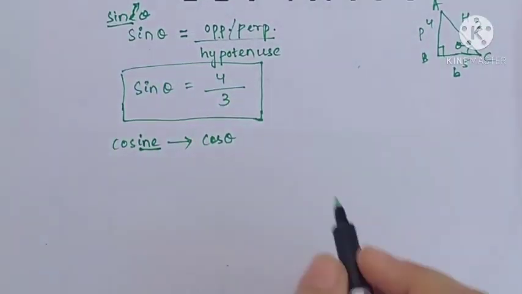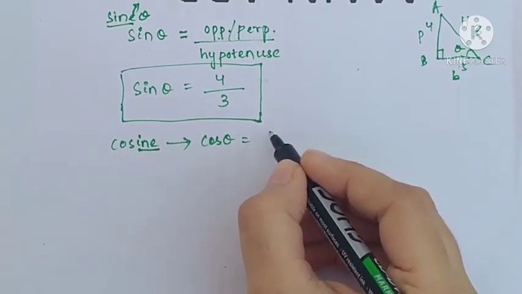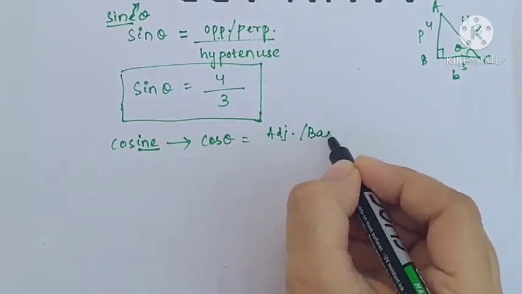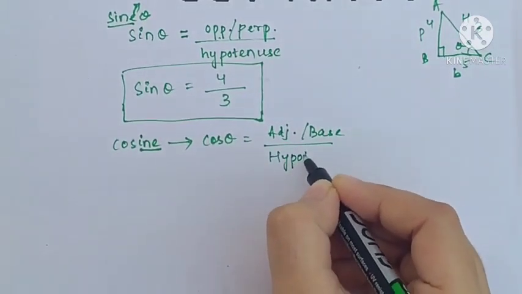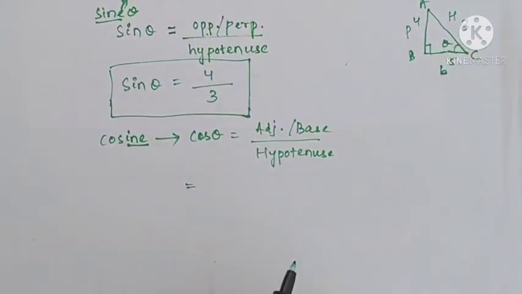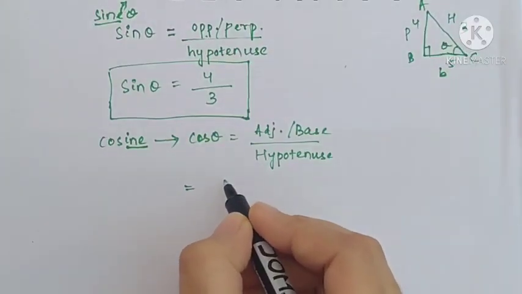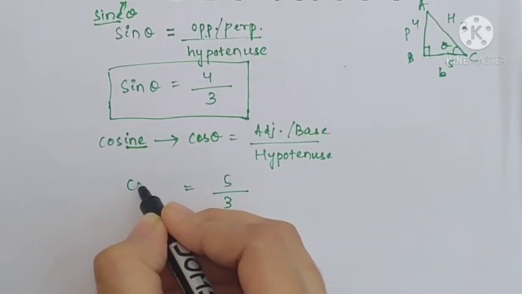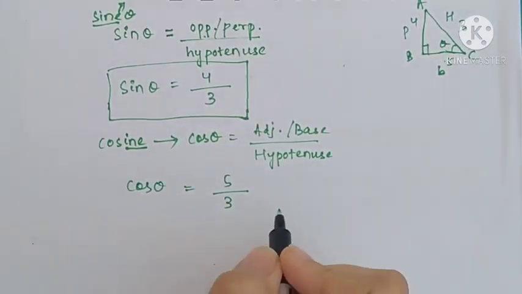So cos theta is equal to adjacent or base by hypotenuse. So cos theta becomes adjacent is 5 by hypotenuse is 3. Cos theta is 5 by 3.